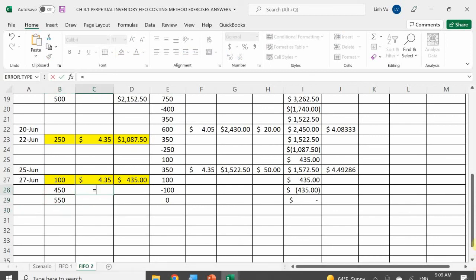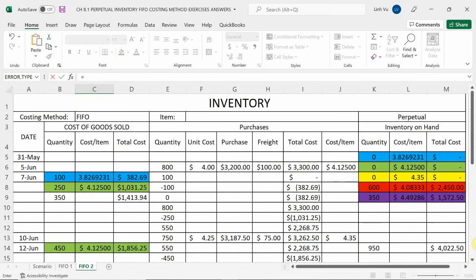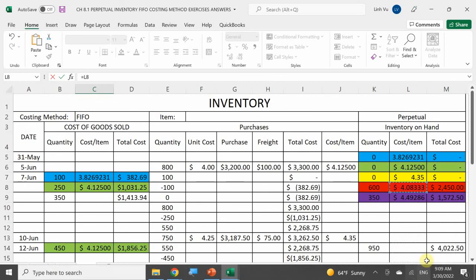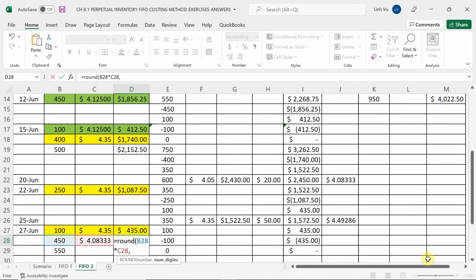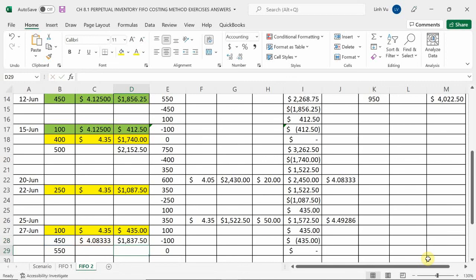Now, in this case, which batch of inventory am I going to take out from? The 600. The 600 at $4.08333. So in this case, what's my cost per item going to be here? 1,837.50 actually.